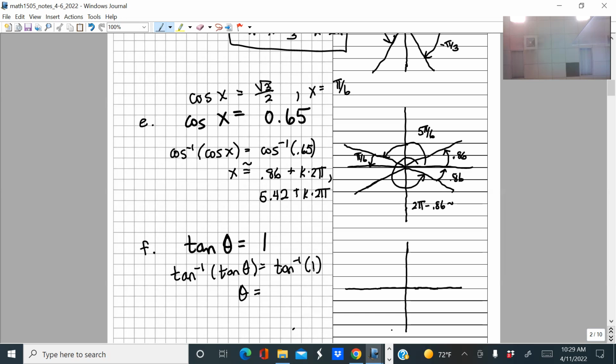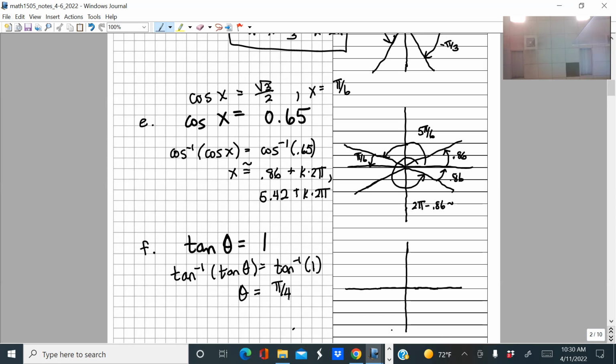What does your calculator say? 45 degrees in degrees, 45 degrees, which in radians is what? No, that's the sine and cosine of 45 degrees, pi over 4, right? Yeah. So the theta here is pi over 4 in radians. 45 degrees is what the calculator says, but that's pi over 4 in radians.